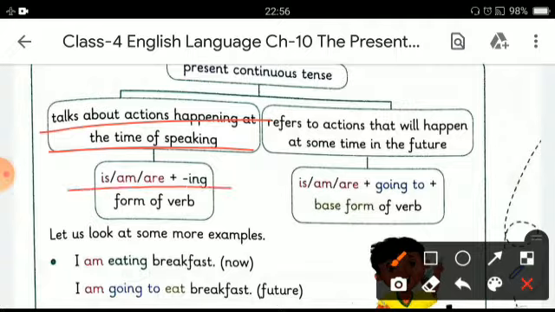The helping verb used is is, am, or are plus the ing form of the verb. Present continuous tense also refers to an action that will happen at some time in the future, with the helping verb is, am, or are plus going to with the base form of the verb.